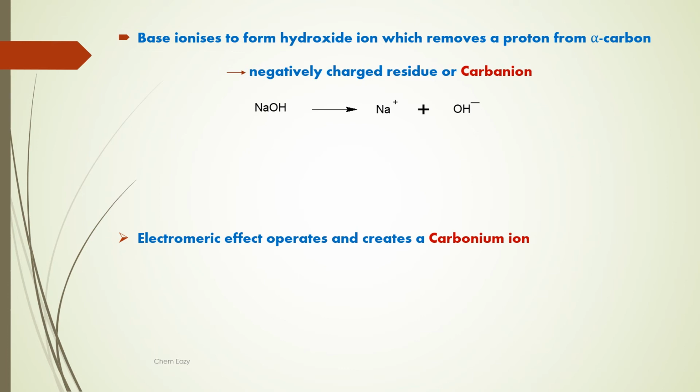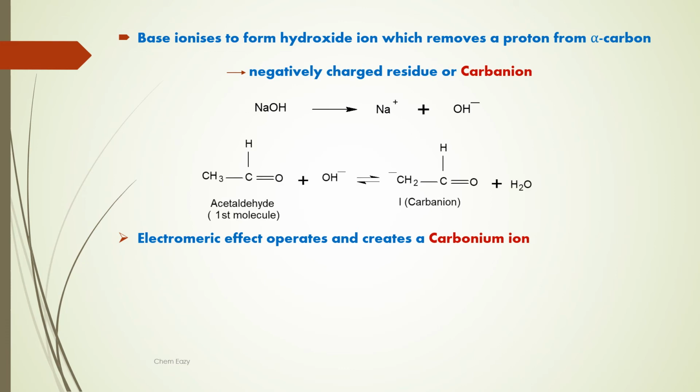This hydroxide ion removes a proton from the alpha carbon atom. As I told you already, an alpha carbon atom is essential in the aldehyde or ketone to undergo aldol condensation reaction, because the hydroxide ion removes a proton from the alpha carbon atom only.